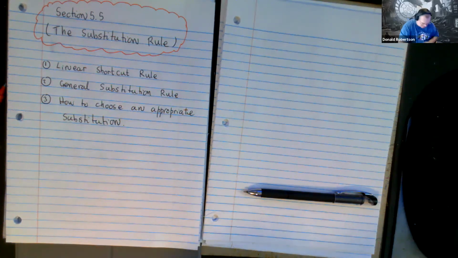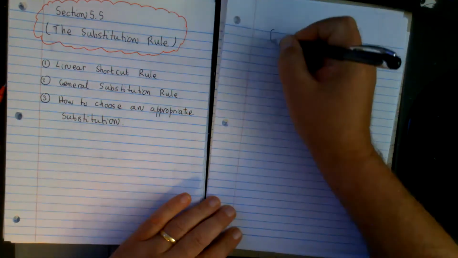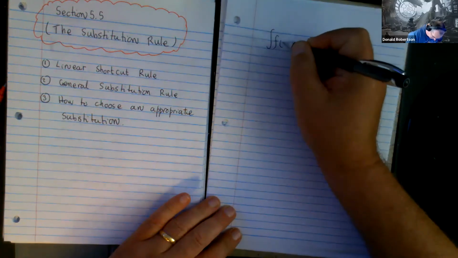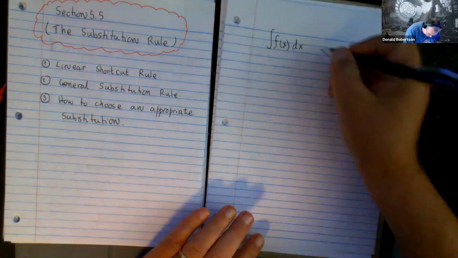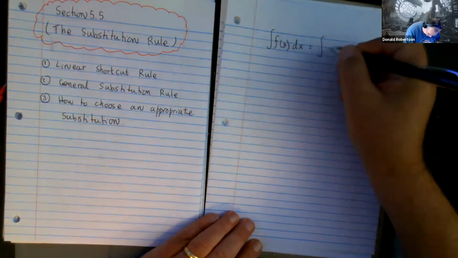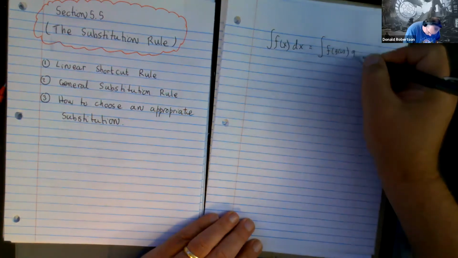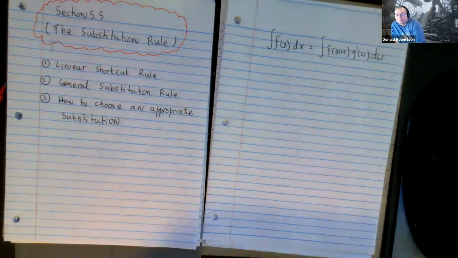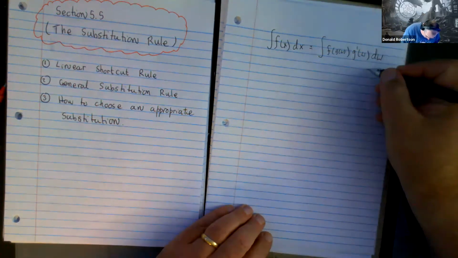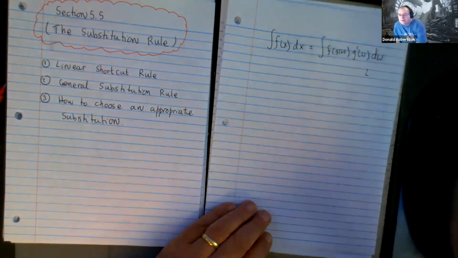That's the only reason. The substitution rule says that if you want to do an indefinite integral like that, then it can be converted into that guy, where, well, that's enough.